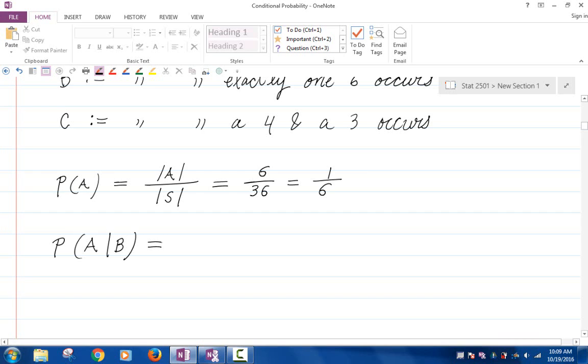Since you are given that B occurred, that reduces the possible outcomes to the elements of B. Am I making sense? So what's the probability of A intersect B relative to B? Well, it is the number of elements in A intersect B divided by the number of elements of B.